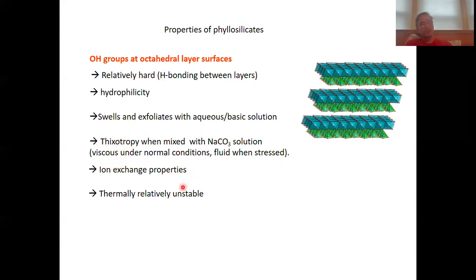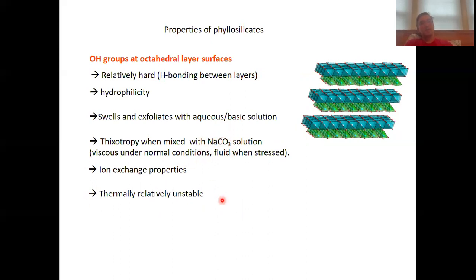They also have ion exchange properties, so you can exchange the protons by other ions. For instance, when you treat such a material with a basic solution of sodium carbonate, you can exchange the protons by sodium, for example.